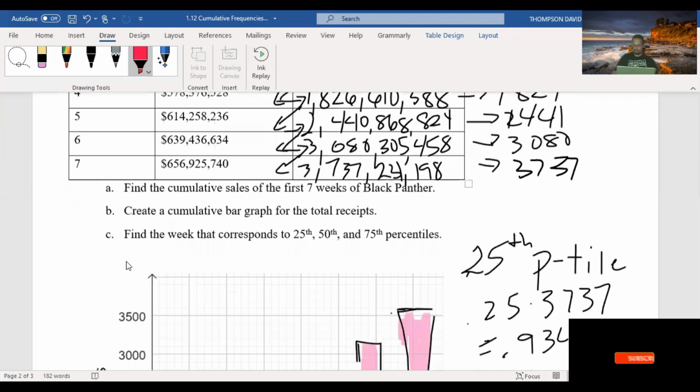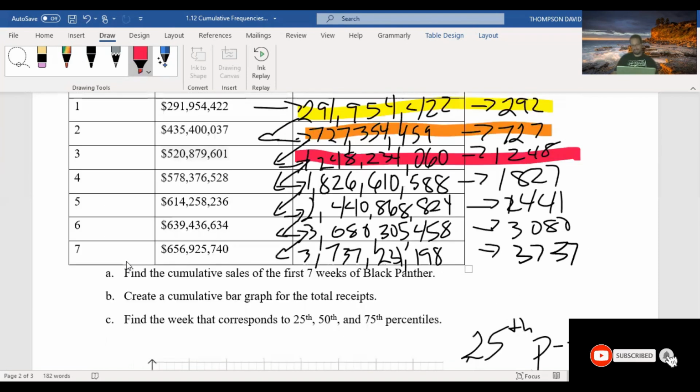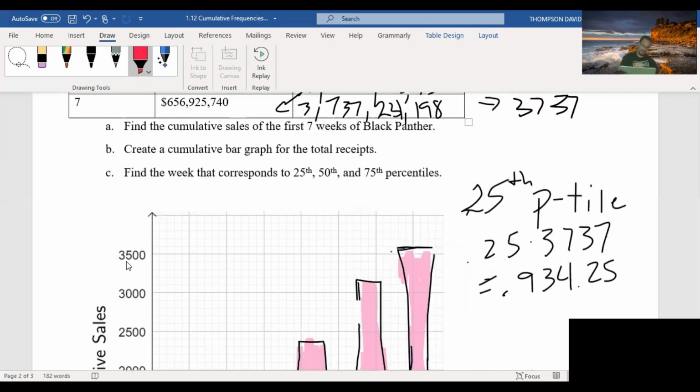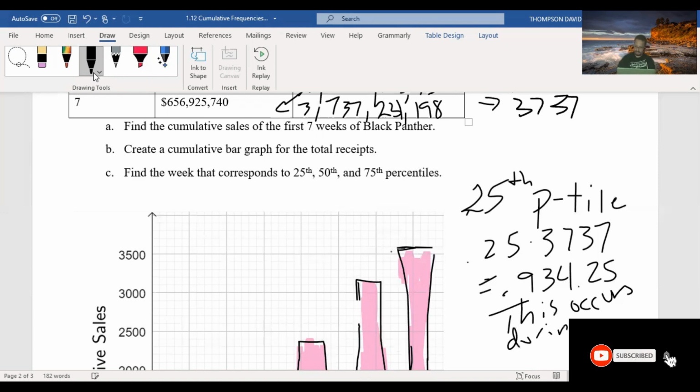So since we're talking about 727 million at the end of week 2, we're going to use week 3 as our 25th percentile. So we'll just say this occurs during week 3.